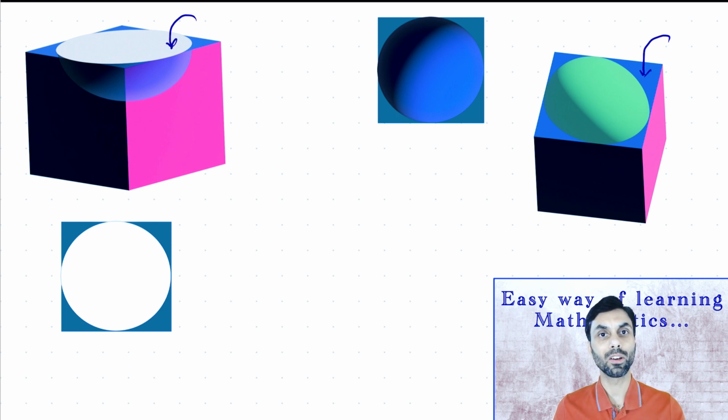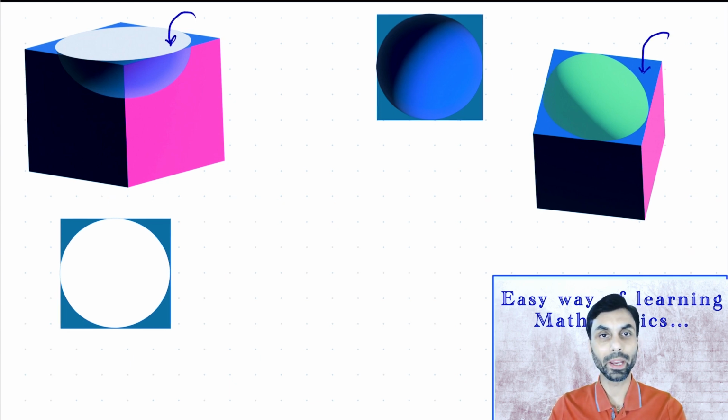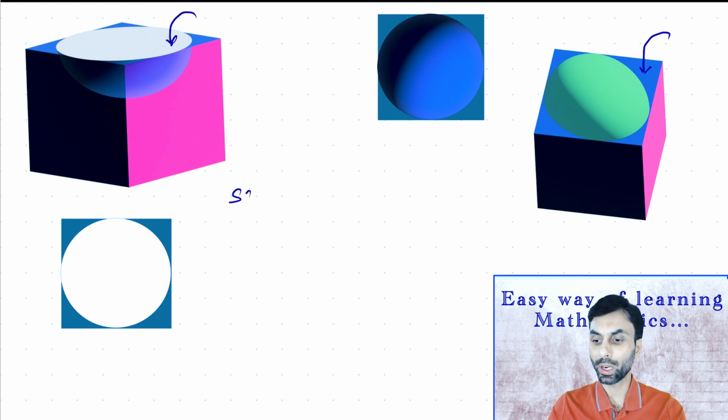We are only hollowing out the top surface. So the other surface area will remain the same other than the top. It will be 5a square.